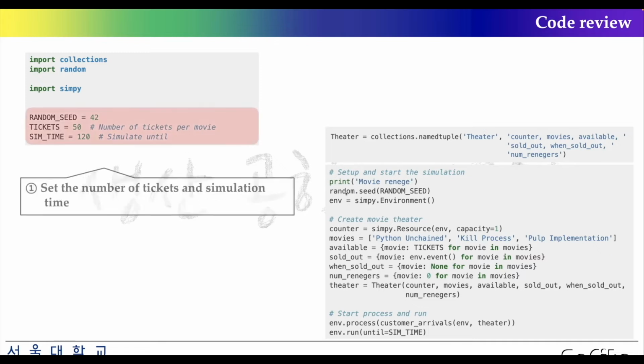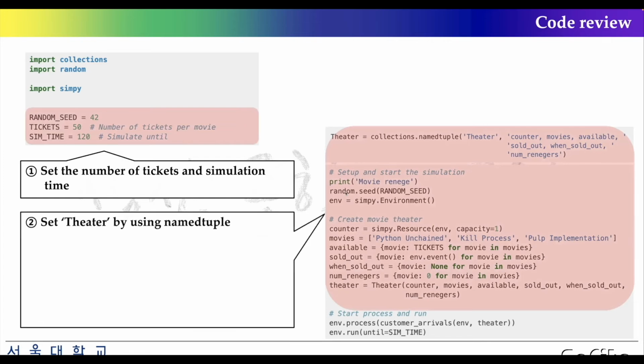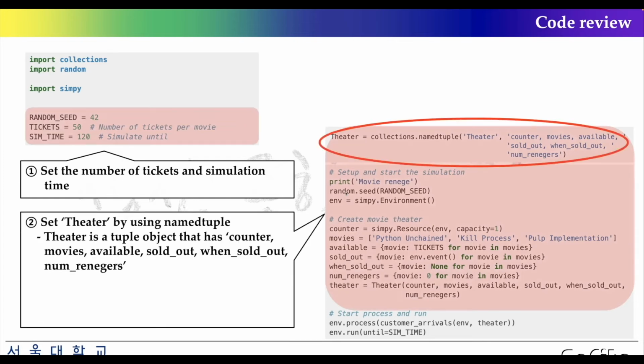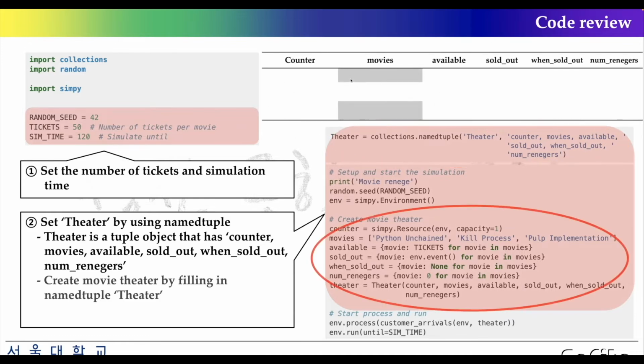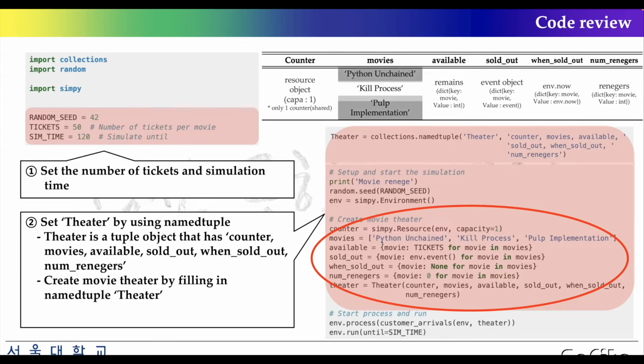And here, let's see, this container shape is like this, and we define each internal variable of the named tuple with this part.